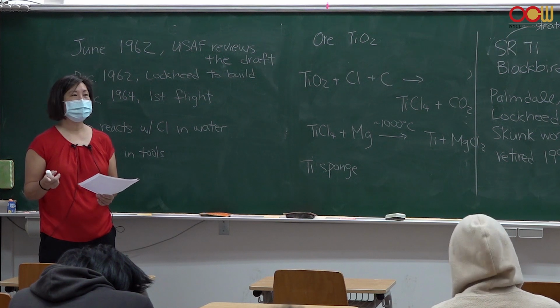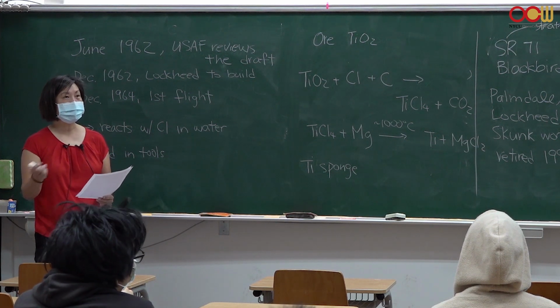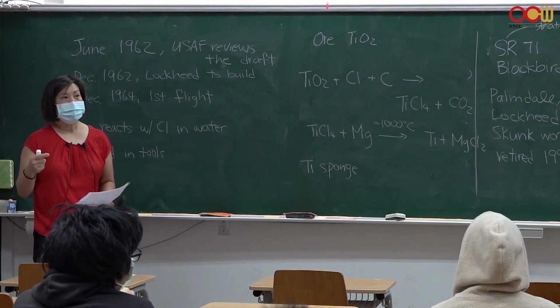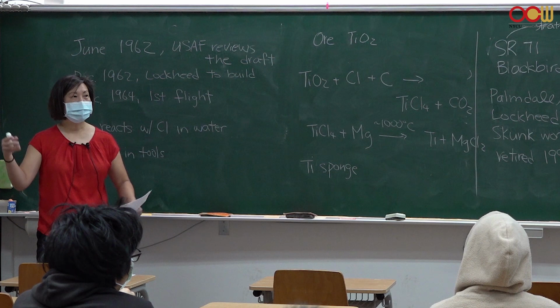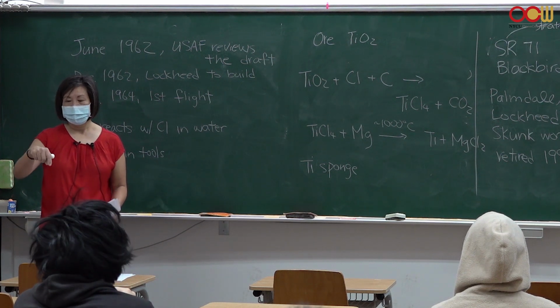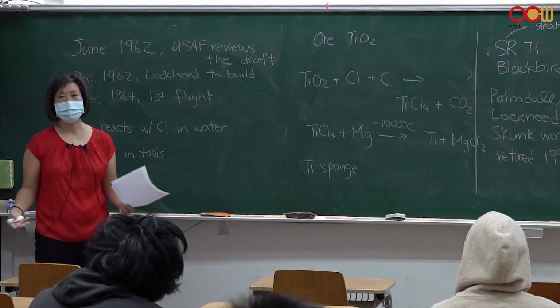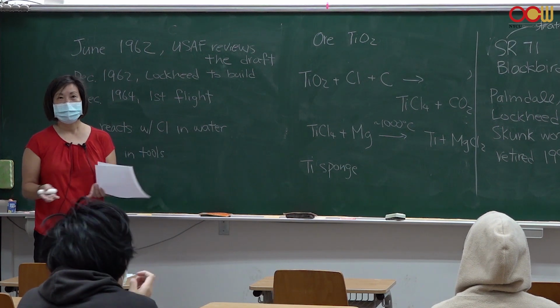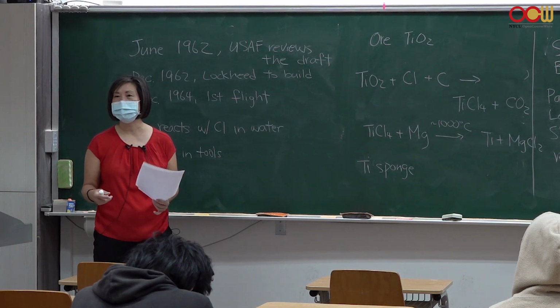Another thing is that because titanium happens to have very low thermal conductivity, so it doesn't transfer heat well. So when you drill a piece of steel, usually you use water to cool the area, and the steel also radiates the heat out. The steel is a very good thermal conductor, right? And so the heat gets spread out, and you put water on it, the heat goes away.